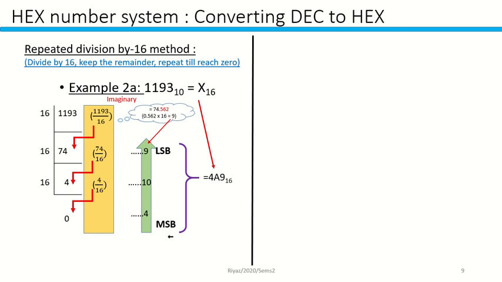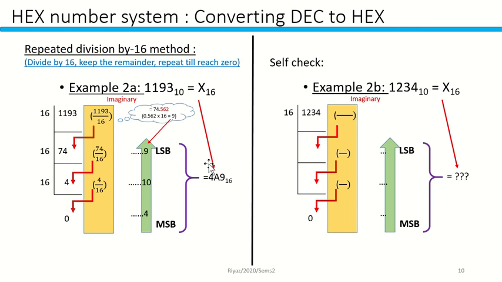Like usual, the MSB is at the bottom and the LSB at the top. So from bottom to top, we put 4, then 10 is equal to A, so you put A, and 9 is 9 as the LSB. So 1193 in decimal is equal to 4A9 in hexa. So this is a small self-check.